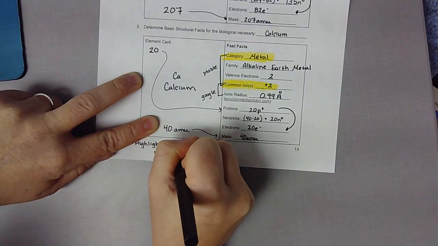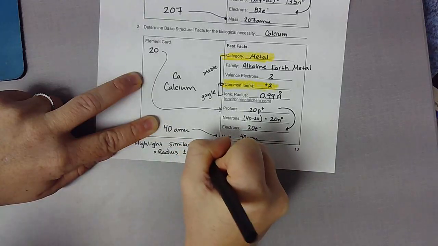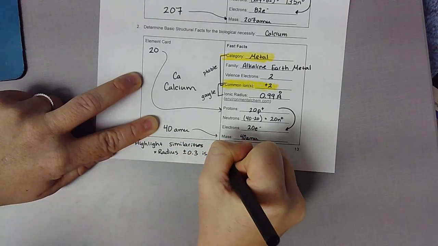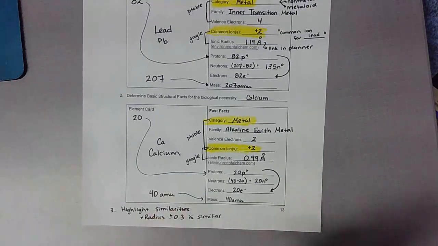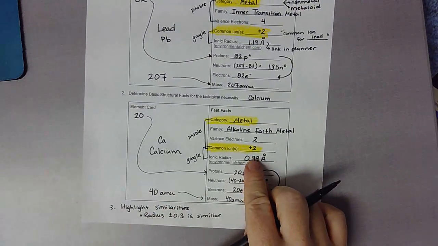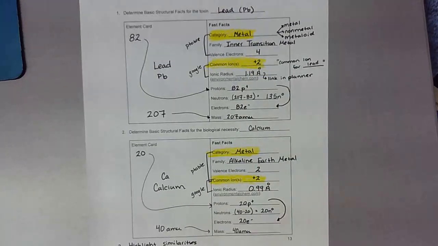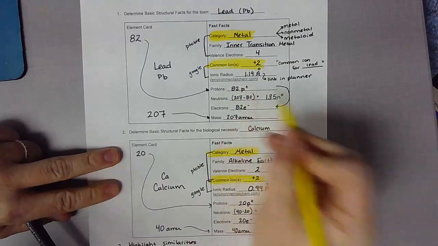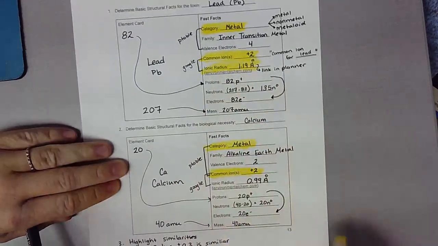So radius plus or minus 0.3 is similar. So here, calcium functionally has a radius of 1. Lead has a radius of 1.2. Those are within 0.3. So those are similar.